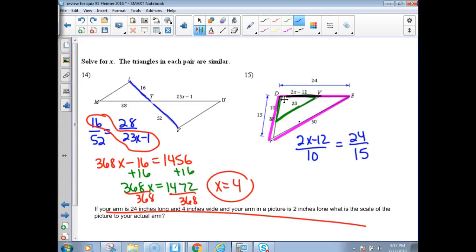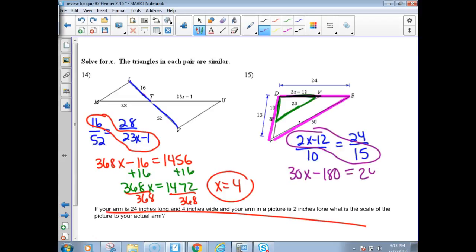If you did 2x minus 12 over 10, you could have done 24 over 30. That would work. But anyway, regardless, we've got to do our cross products. And that would be 30x minus 12 times 15. 150, what's that? 180, yep.